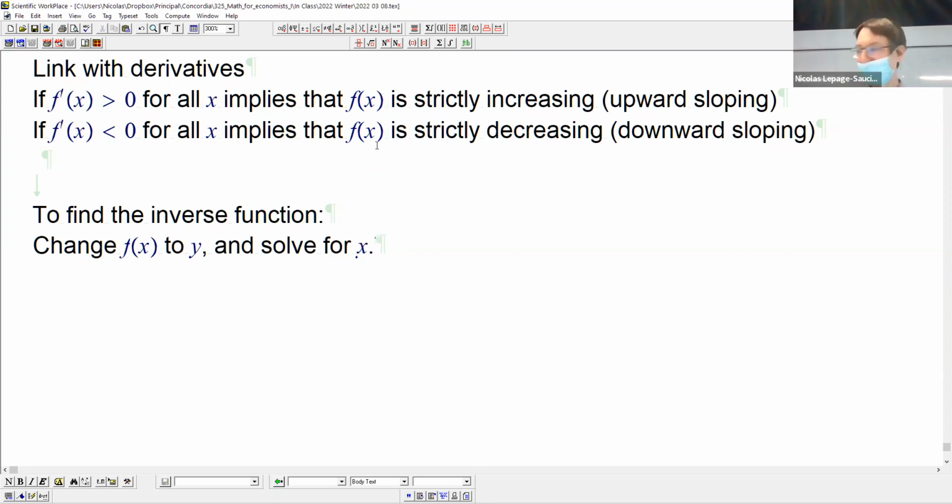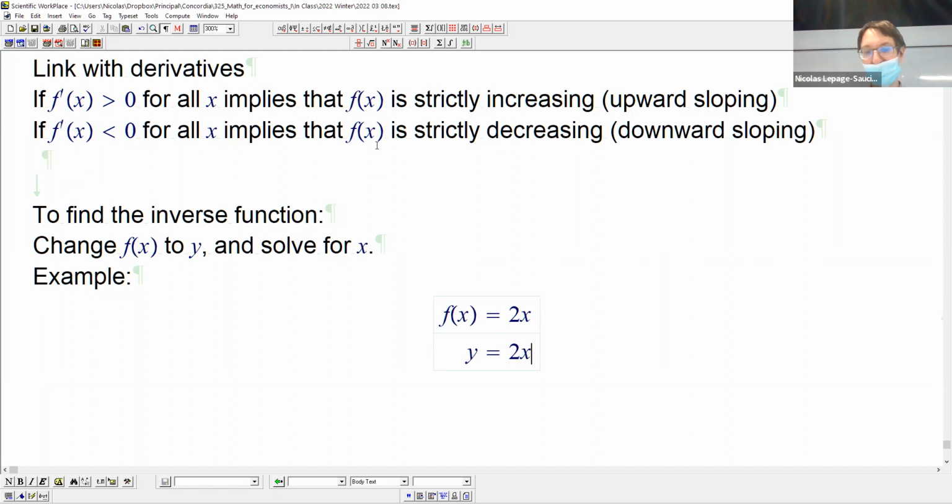Just to give you an example, if I have f of x equals 2x, I can write y equals 2x, and then I solve for x.